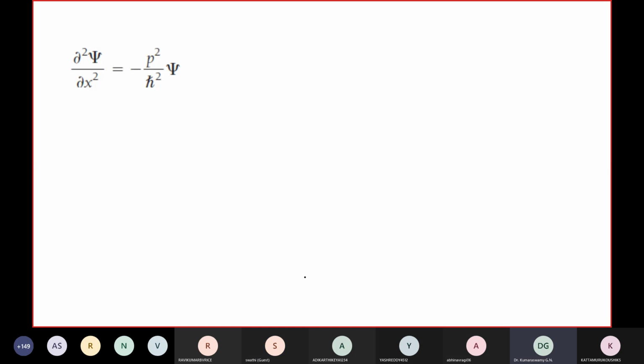Yes, sir. Now differentiate the same equation, that is equation 4, with respect to t. Of course, this we can rewrite as p square psi is equal to minus h cross square dou square psi by dou x square. Differentiate the same equation with respect to t and let me know the answer.